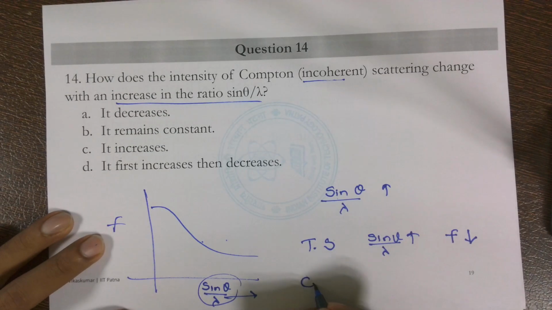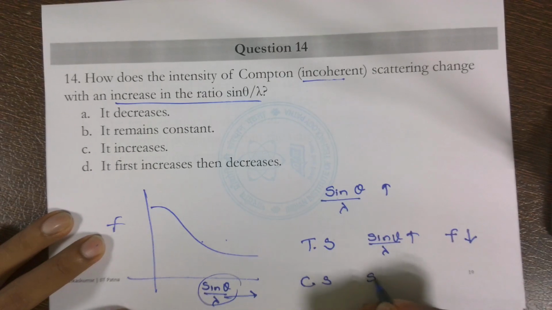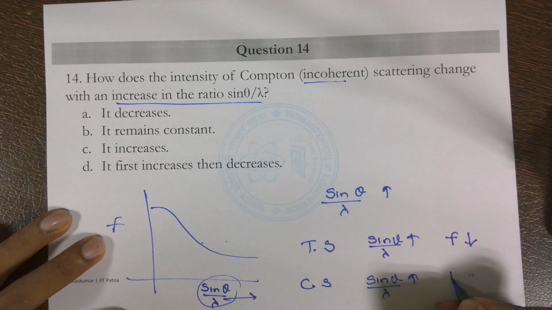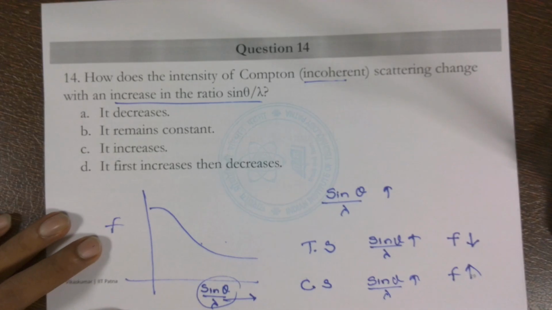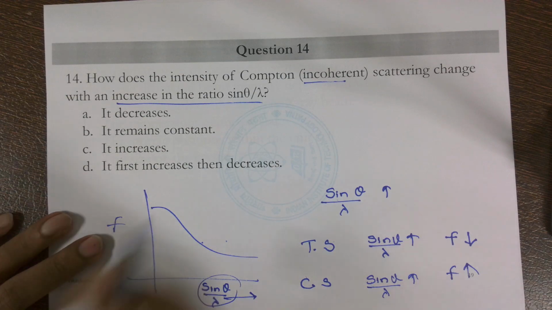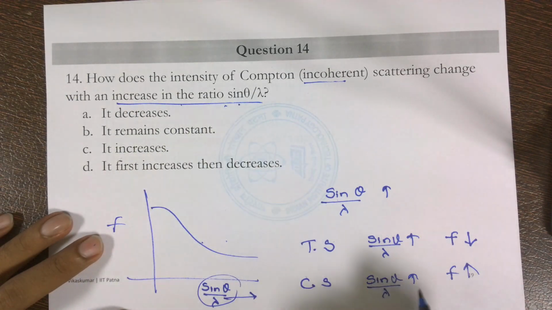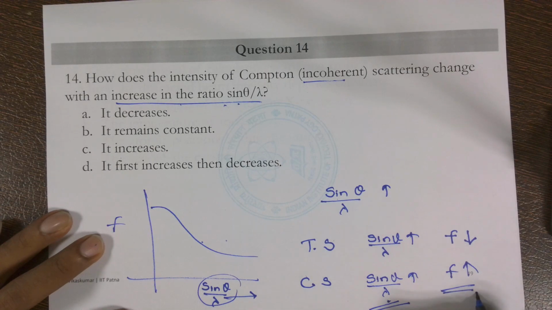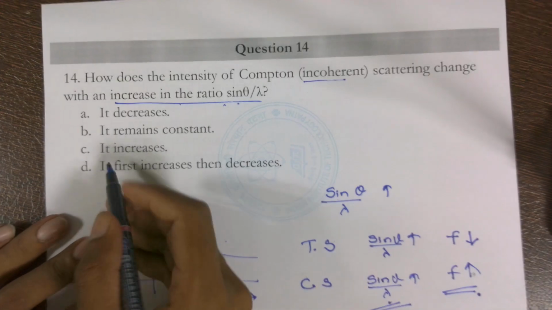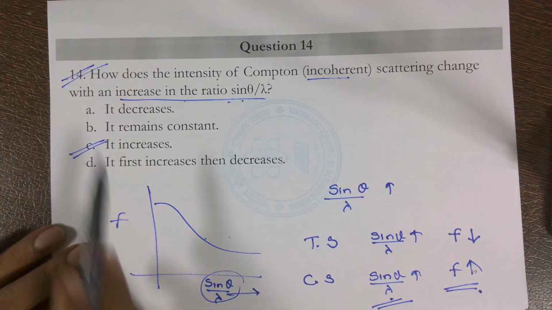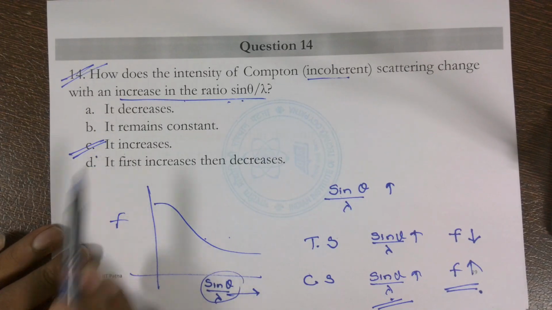Now similarly for the Compton scattering, if I'm increasing the sine theta by lambda, it means that I'm increasing the f, right? If I'm increasing the ratio, they are going hand in hand. This one is increasing, this is also increasing. So we can say that it increases. So the right answer over here is option C.